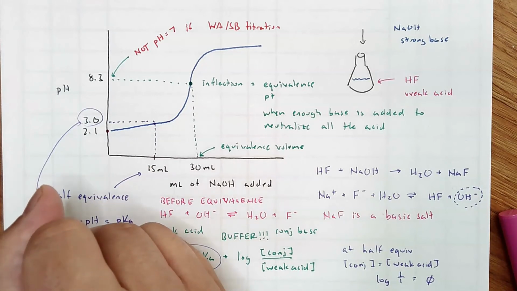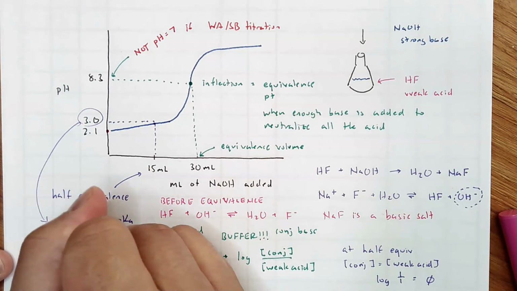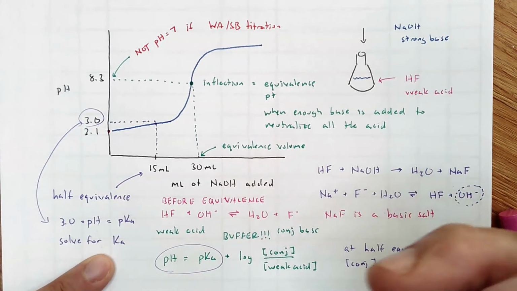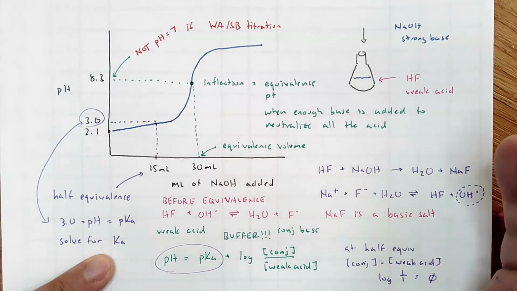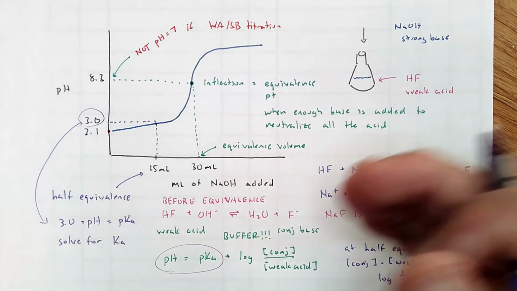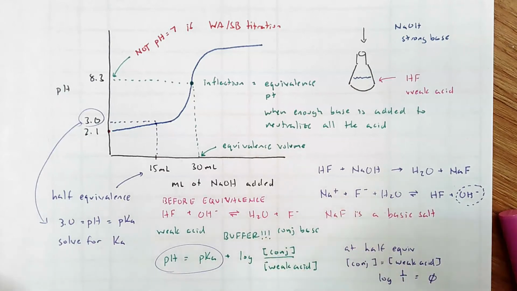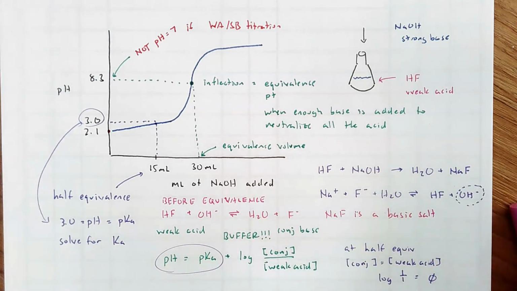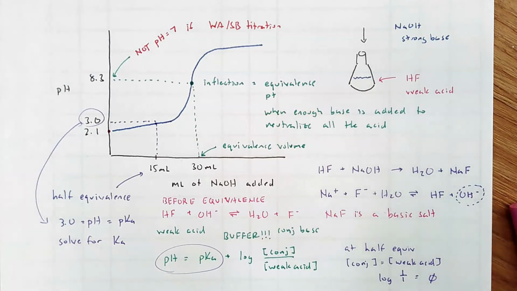We can solve for Ka. Right? The Ka of a weak acid is a very important number. It tells you how much it ionizes into its ionic products and its starting weak acid, the ratio.